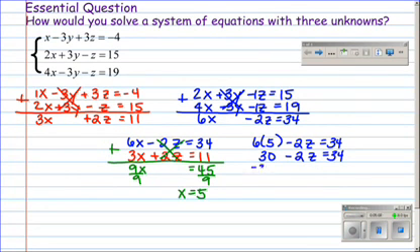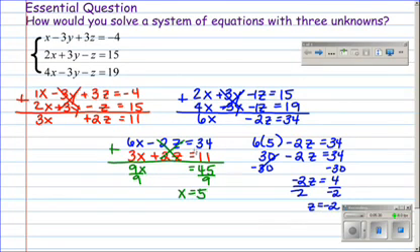If we subtract 30 from both sides of the equal sign, we're left with negative 2z equals 4. And then if we divide by negative 2, we get z equals negative 2. So now we know what x is, we know what z is.